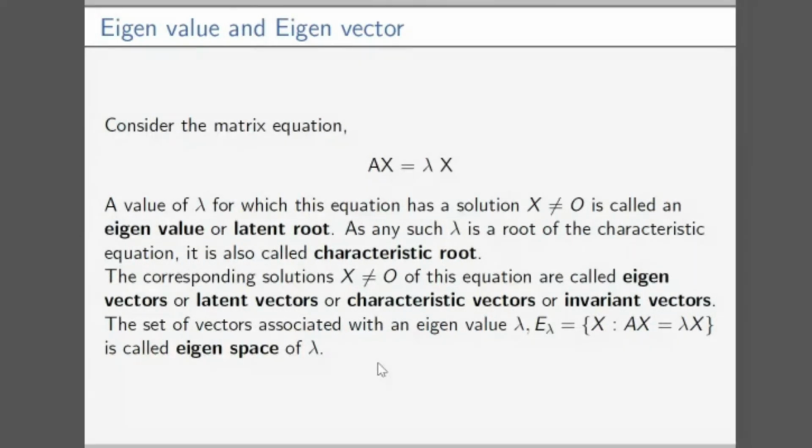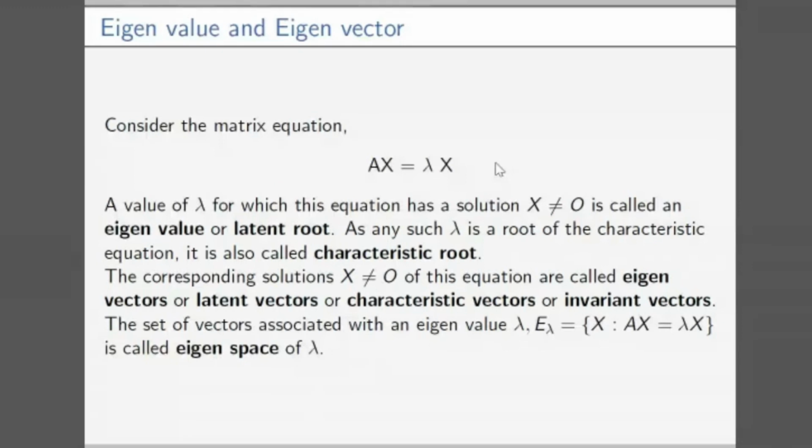Next, we are moving to eigenvalue and eigenvector. So consider the matrix equation Ax equals lambda x. And we can have values of lambda for which this equation has non-trivial solutions. Non-trivial solutions means x is not the usual null vector. It is a non-trivial vector.